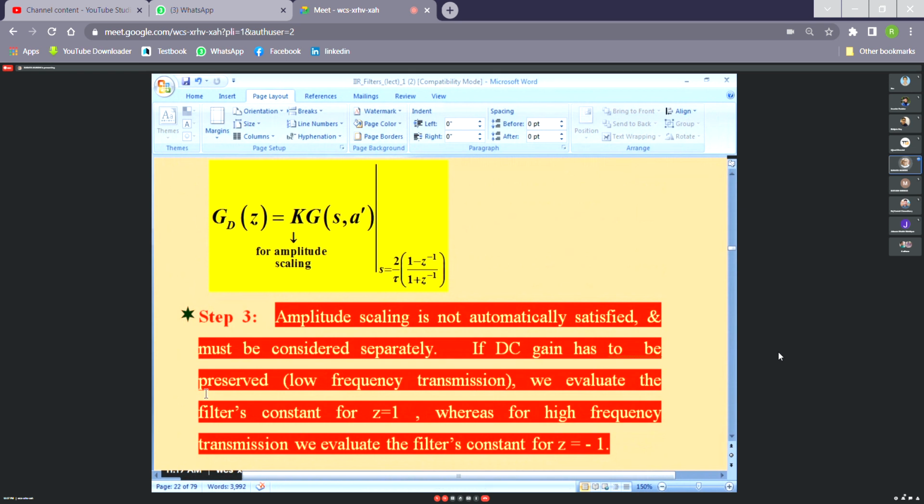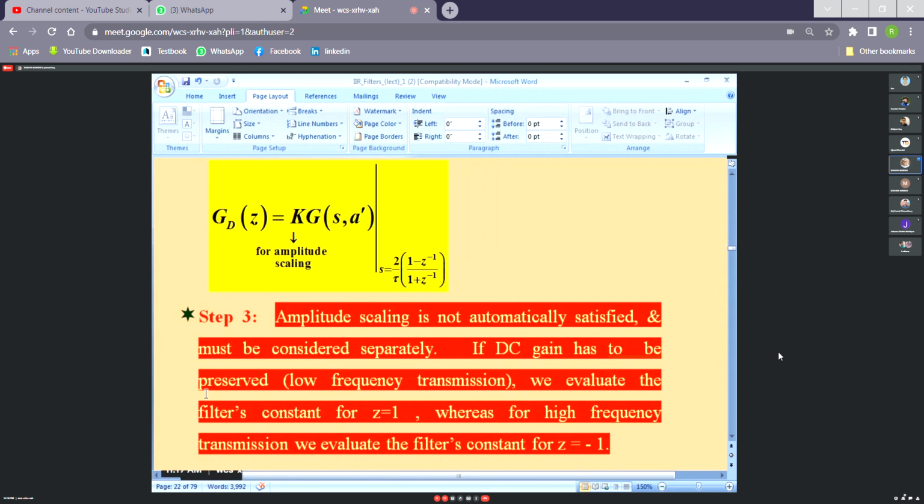In the expression for G_D(z), if you substitute z with 1, you get the DC gain. Why is it so? In the expression for any G(s), you have to substitute s with 0 to get the DC gain. And because z is e to the power s tau, obtaining the DC gain of G_D(z) is simply substituting z equal to 1. In case of high frequency gain, you have to substitute z equal to -1.